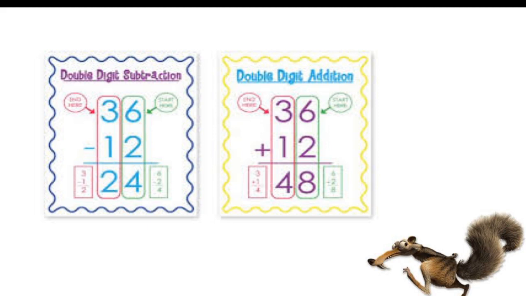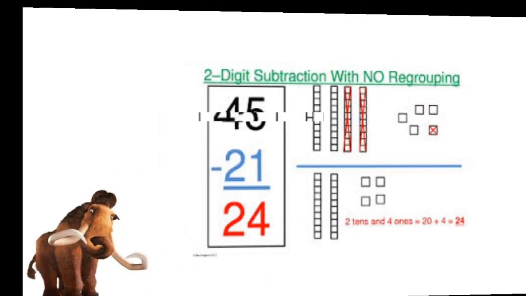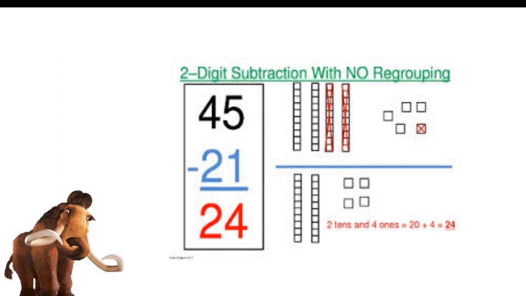This is subtraction with no regrouping. I will introduce regrouping in a second. This is one more example using the blocks. You have 45 take away 21. You have 4 tens and 5 ones.